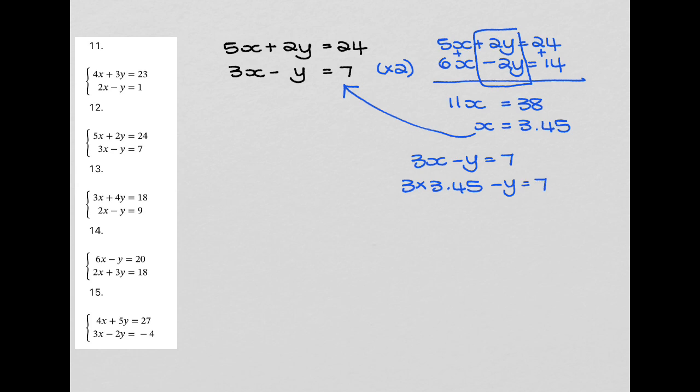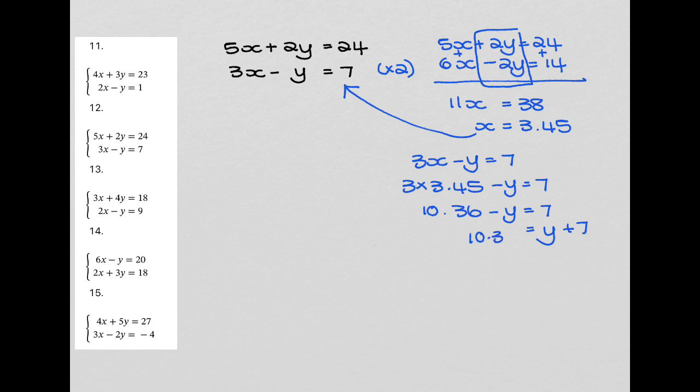So that gives me 10.36 minus y equals 7. Take the y across, and I've got 10.36 here. So I'm going to say 10.36 take away 7, which gives me 3.36. And so 3.36 is equal to y.